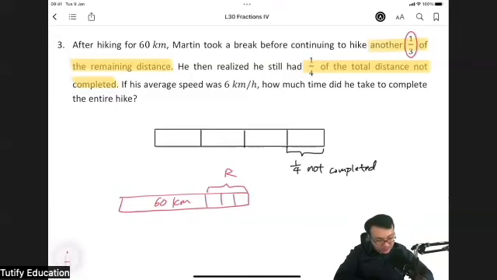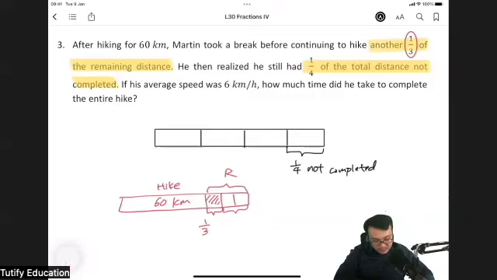So he hiked 60 kilometers first. He took a break. After the break, he continued to hike 1/3 of the remainder. Yes? And how many units are left? 2.